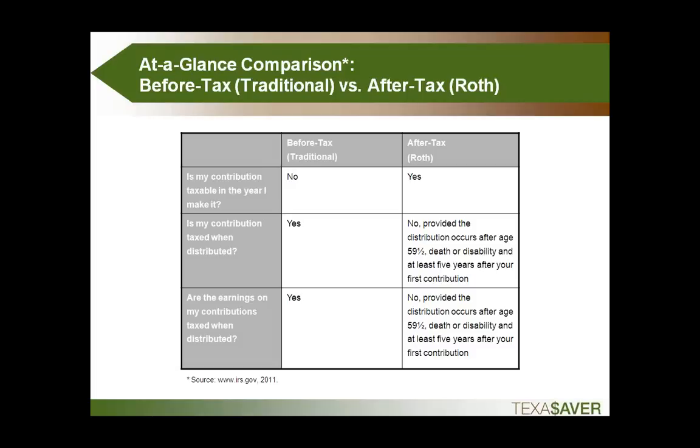For after-tax accounts, the answer is no, provided that it is a qualified distribution, meaning it occurs after age 59 and a half, because of death or disability, and it has been at least 5 years since your first Roth contribution. If you meet these requirements, your distribution from the Roth is tax and penalty-free.